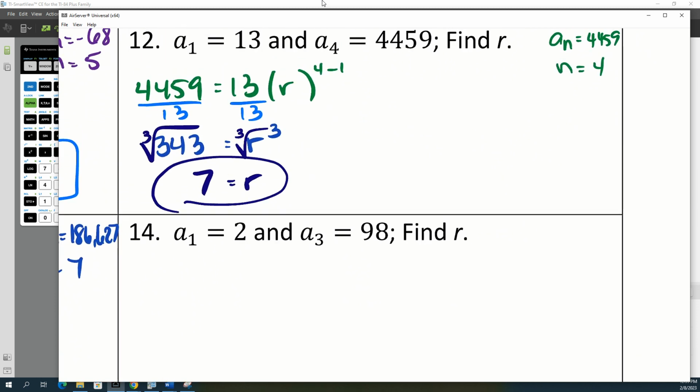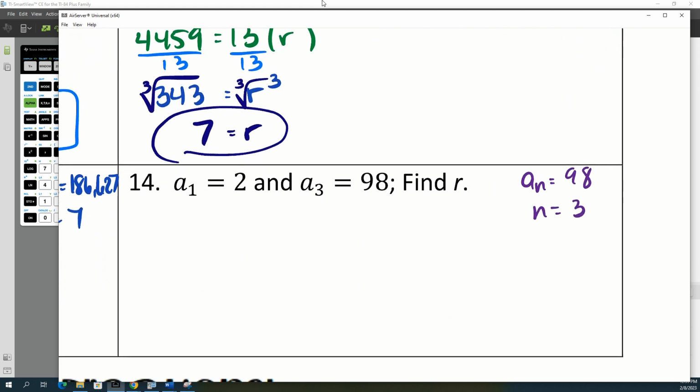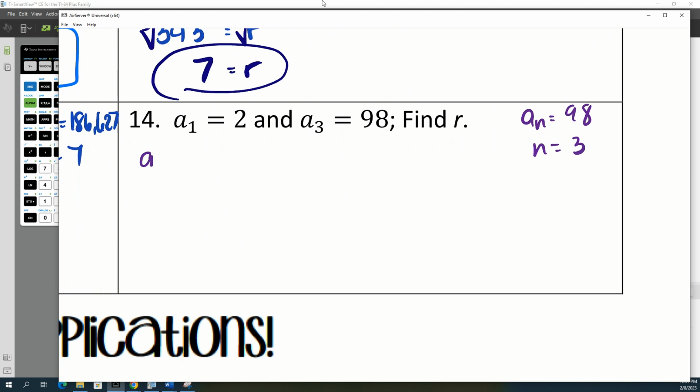All right, so we're gonna do another one similar to that. We'll divide by 2.